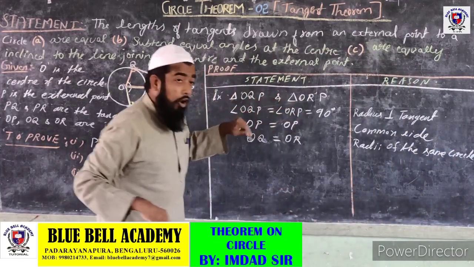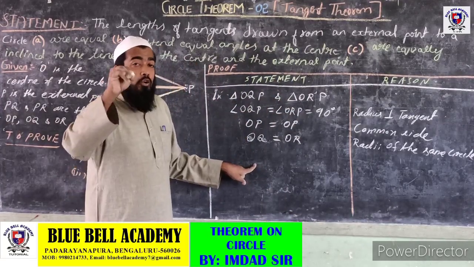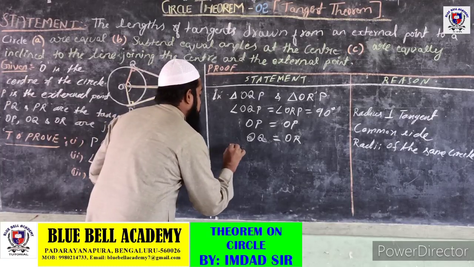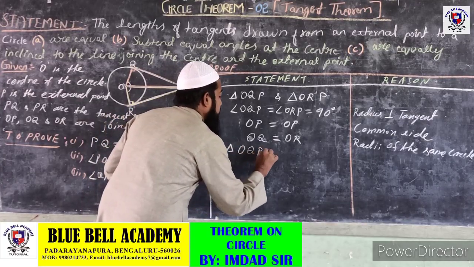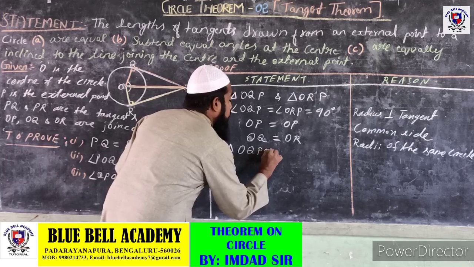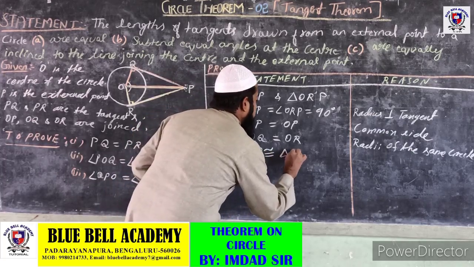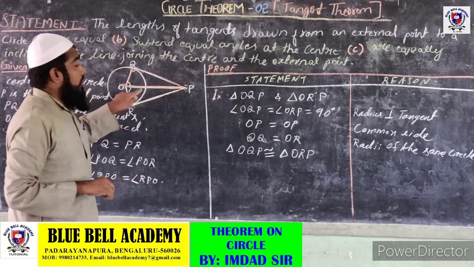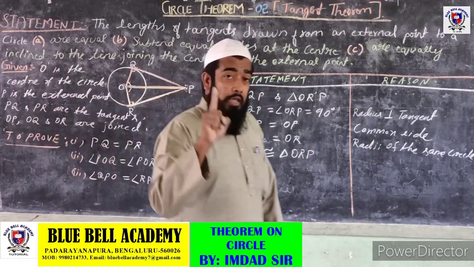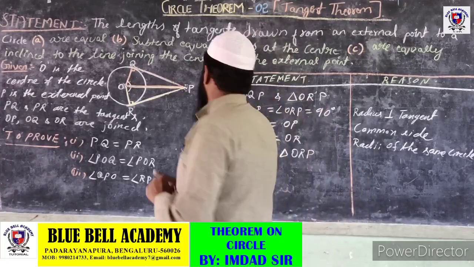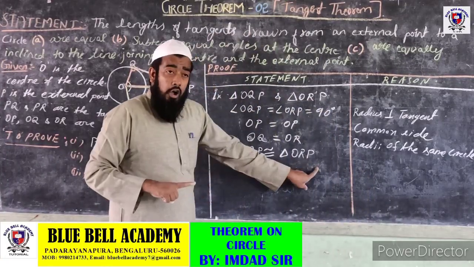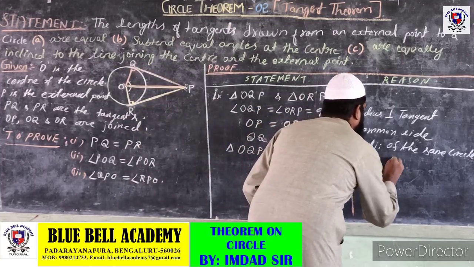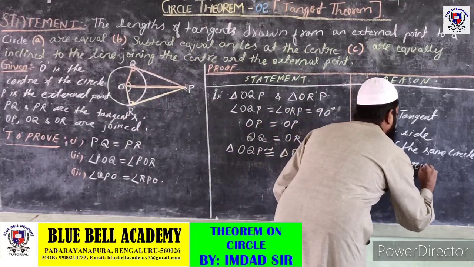So from these three observations, we came to know that triangle OQP is congruent to triangle ORP. Congruent means both the triangles are of the same shape and same size. So we got these two are congruent based on RHS congruency.